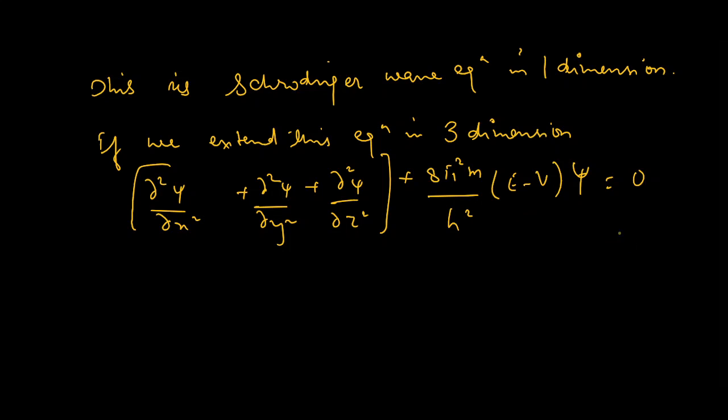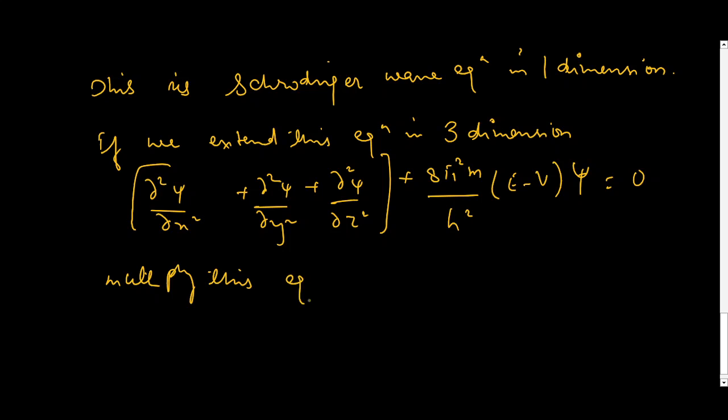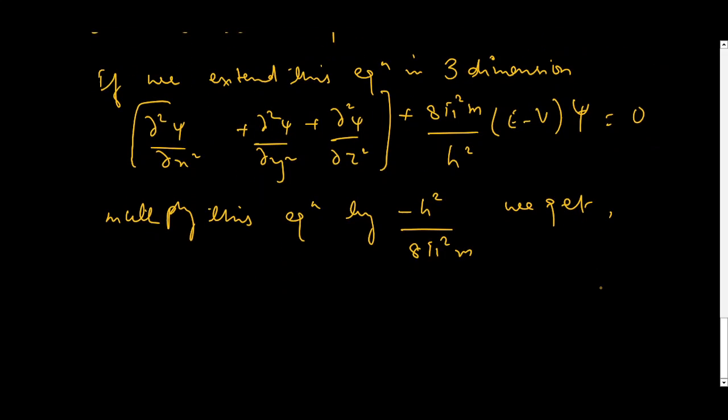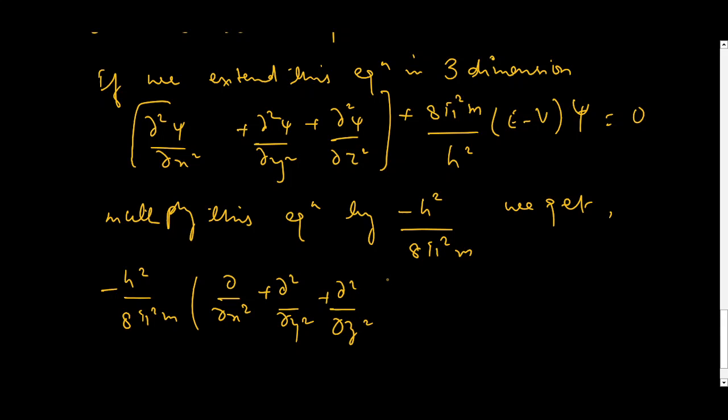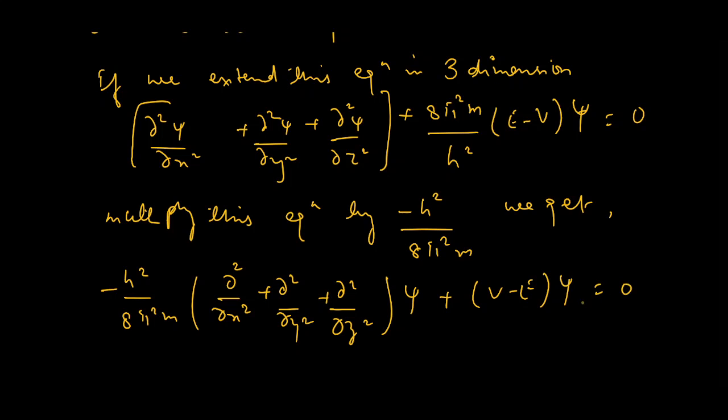Now if we multiply this equation by minus of h square upon 8 pi square m, we get minus h square upon 8 pi square m into dou square upon dou x square plus dou square upon dou y square plus dou square upon dou z square xi, we have taken xi common, plus V minus E xi is equal to 0.